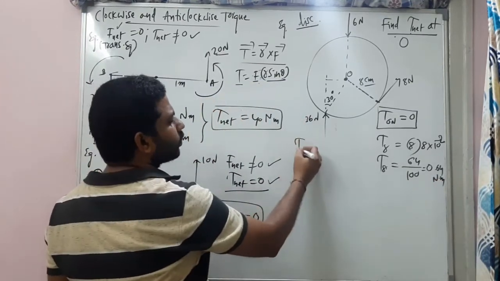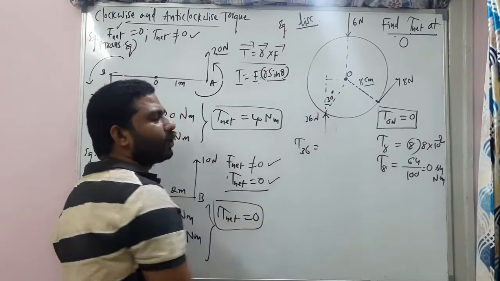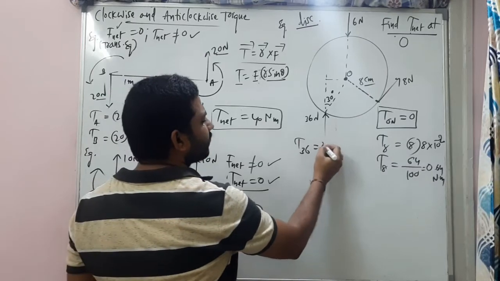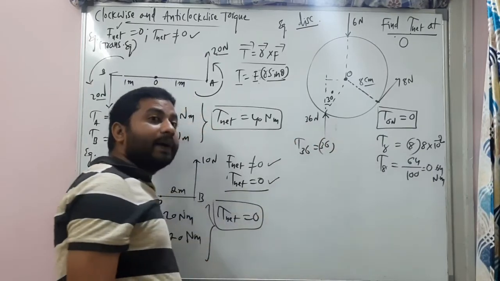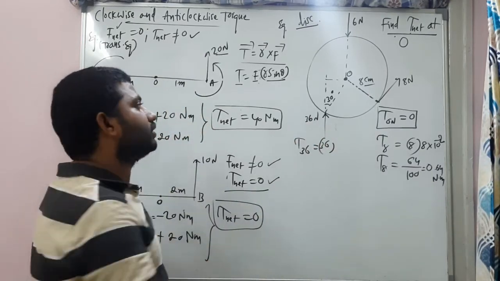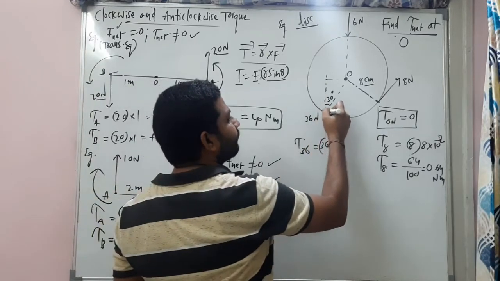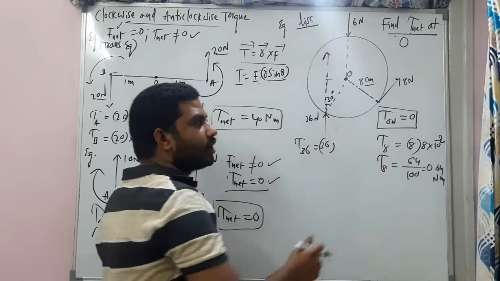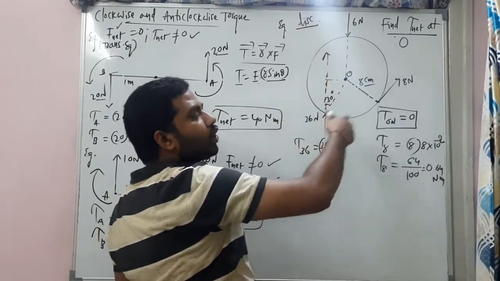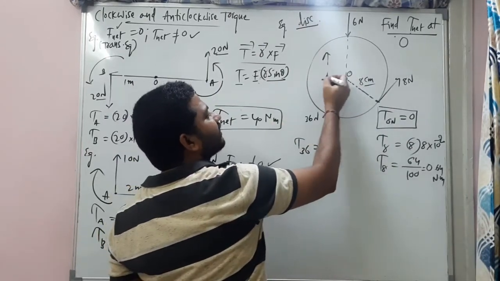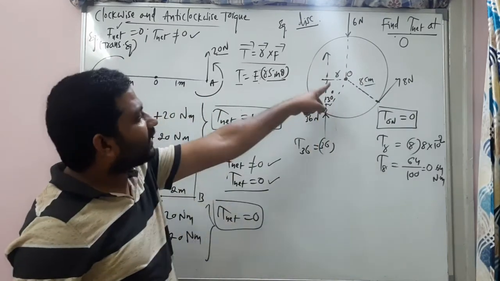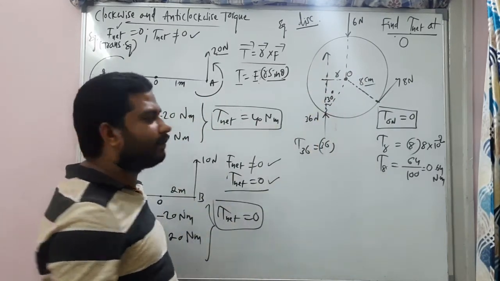And the torque due to 36 Newton, that's important here. The force is 36 Newton into the perpendicular distance from the origin. Look here, this is the force direction, 36 Newtons. Perpendicular to this force, what is the distance from the origin? Imagine it's R. How can you find that R, my dear students?